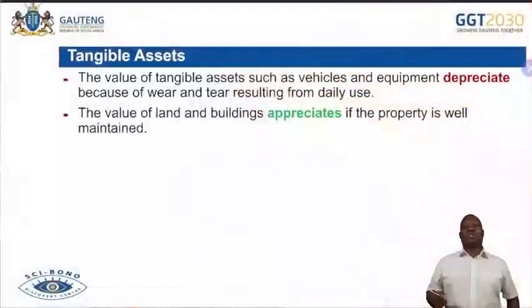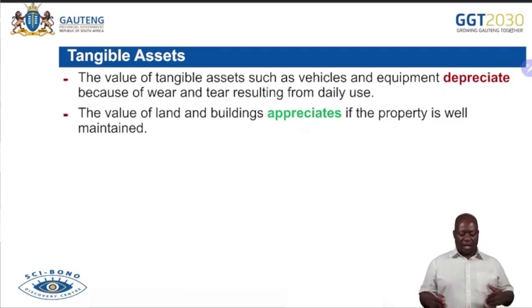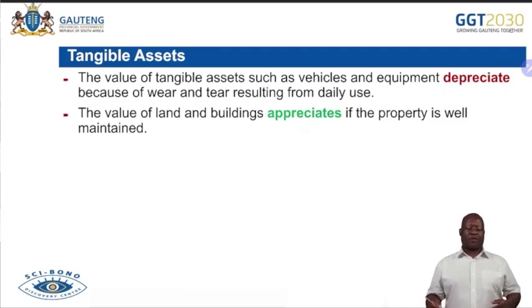They diminish, they go down. In other words, we say these assets, they depreciate. But when you look into land and buildings, you are going to see that it's not always that we are going to have our land and buildings losing value, especially if they are being kept well. So in this case, they appreciate, they gain value, especially if they are being taken care of.